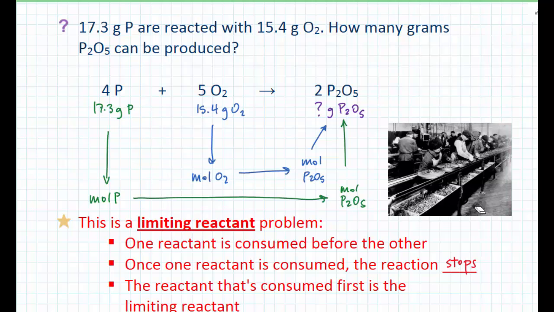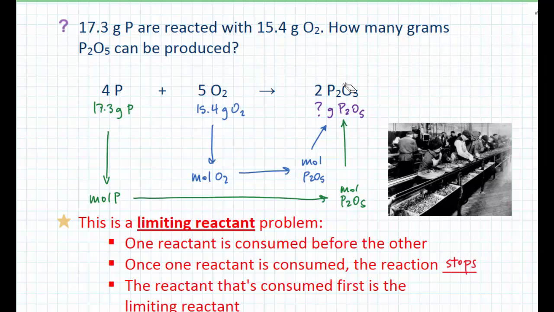So all it takes really is one person to run out of their bucket of parts for us to be unable to produce complete cars or complete products, whatever it is we have here. Okay?